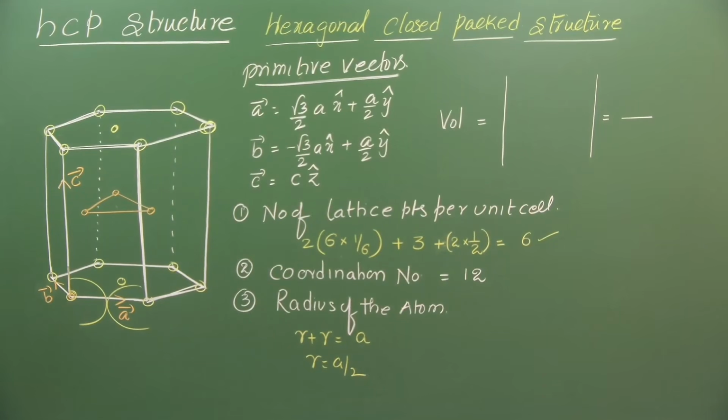How much did you get? Root 3. Well, the diagram, come on. Ankita, where is the diagram? Good.